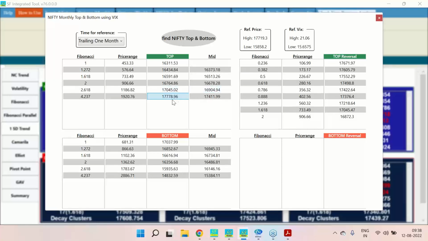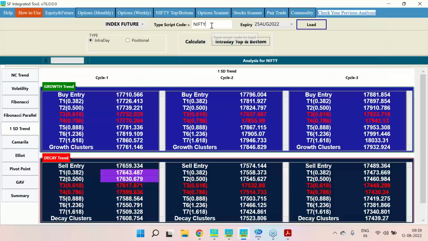If this top gives a breakout, meaning the price moves above this, then there will be new fresh calculations which can give you a renewed top. As of now, 17,779 is the top, and we have not achieved it. We have gone to 17,700 plus, but we have not achieved it. So this is for the monthly top for the Nifty.